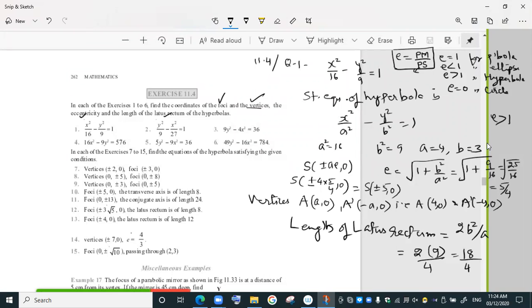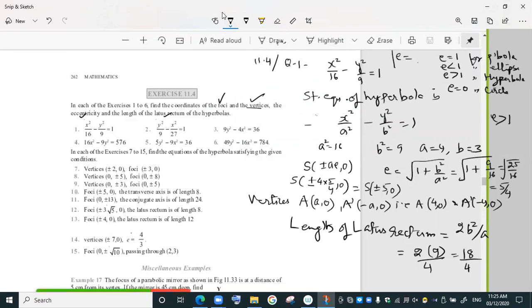Correct it. So this is SP upon PM. Distance from focus upon distance from directrix.